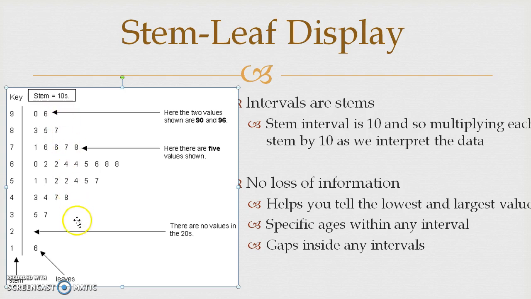It tells me specific ages within the interval, so 43, 44, 47, 48, because the stem width is 10. It also tells me which one doesn't have any values, the gaps inside the intervals. So a stem and leaf display is a very good display.